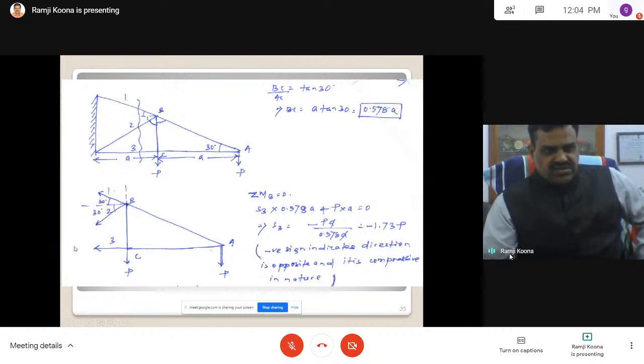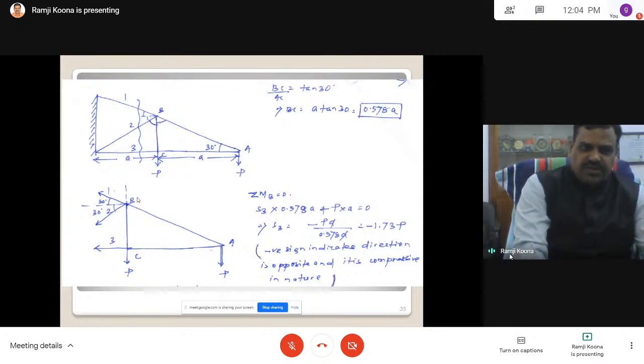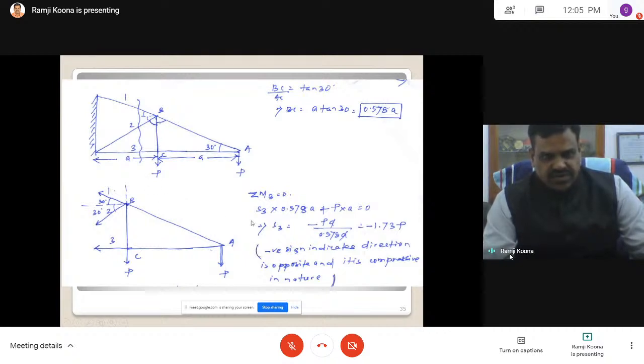S2, S3, and A, C, B. Moment about B equal to 0, because if you take moment, two forces can be neglected. All the three are, this is also 0 external force, but this moment is there. S3 into the perpendicular distance, this length BC.